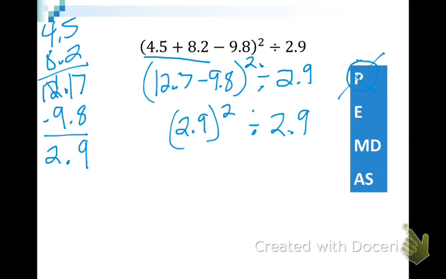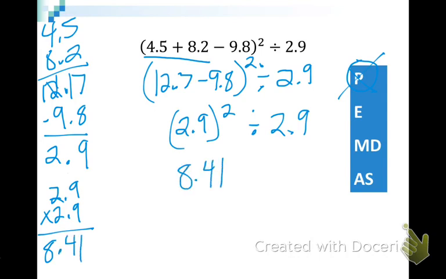Now I'm moving on to exponents, and I have to do 2.9 times 2.9. And as I do that, 2.9 times 2.9 gives me 8.41. And now I have to finally divide by 2.9 to get my answer. 8.41 divided by 2.9 actually gives me 2.9.